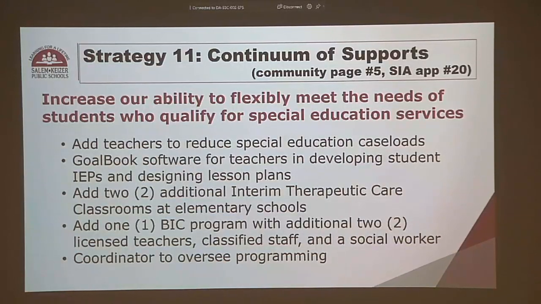Our BIC program serves about 15 or 16 of them. So these are our most at-risk students, and we want to provide them extra supports. And when a family is in crisis as well, a social worker can provide that extra support. So that's why it's targeted at that position. And then hiring another coordinator in student services to help us oversee all of these new programs is a theme that you've heard throughout.